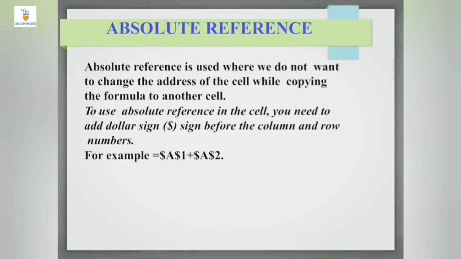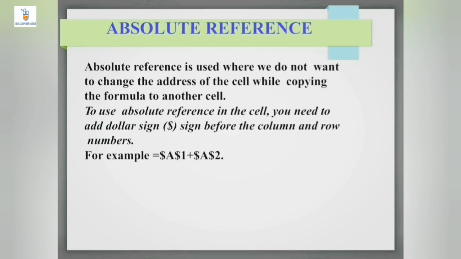To use absolute reference in the cell, we need to add the $ sign before the column and row numbers. Remember, we have to put the $ sign before both the things, that is the column and the row numbers. So $A$1 plus $A$2, like this.